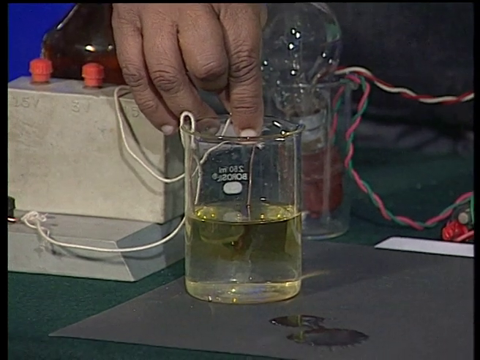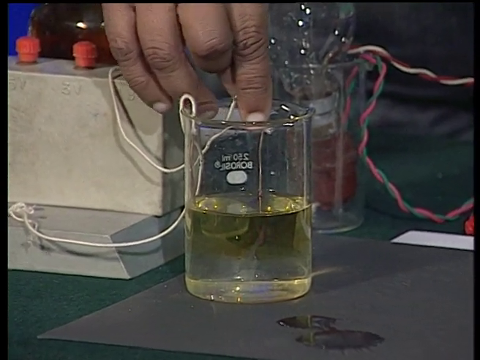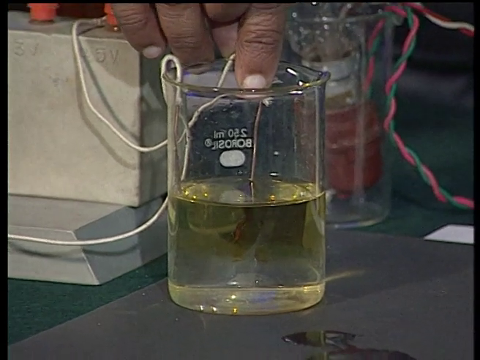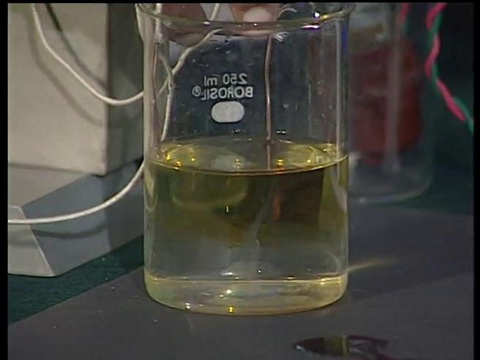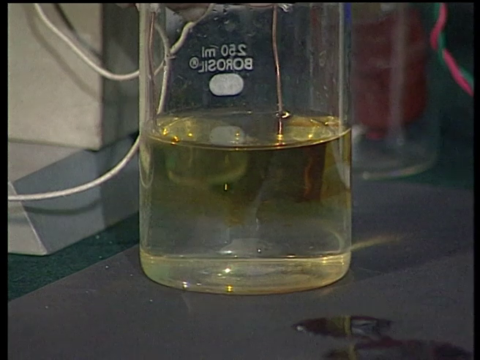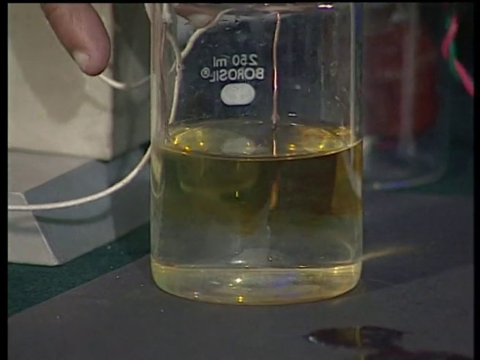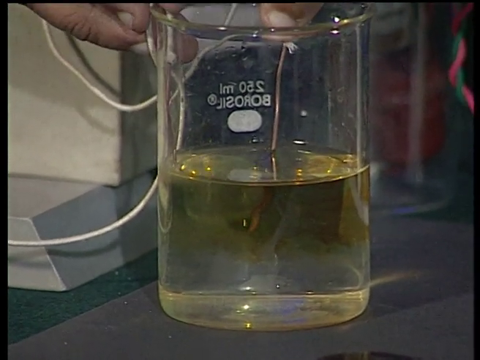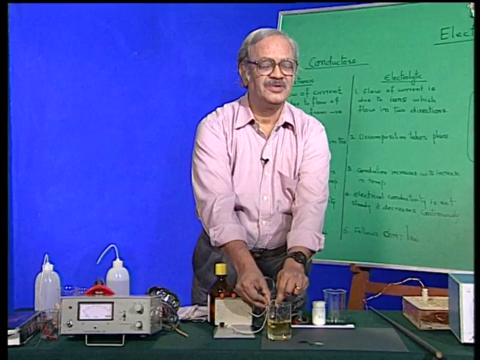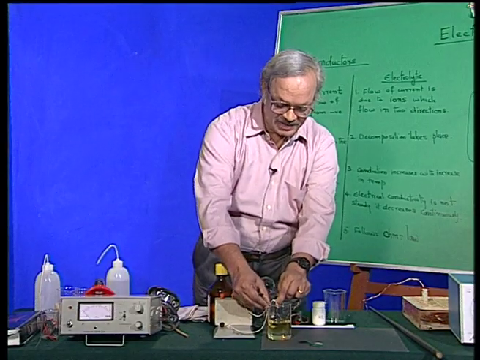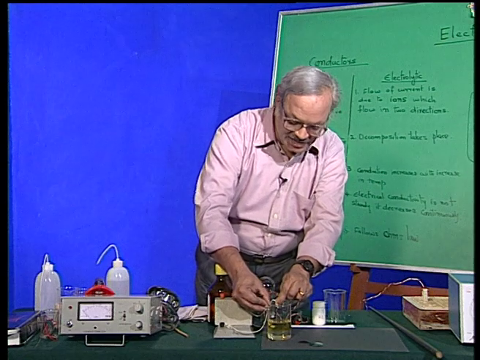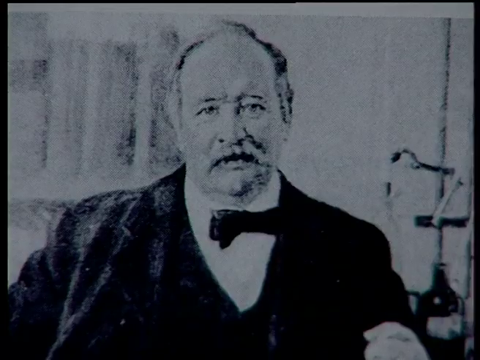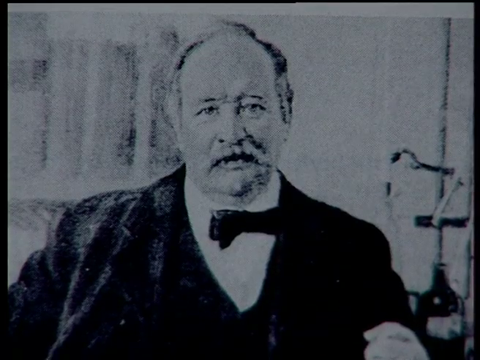So, the yellowish color, and now it becomes deep yellow, afterwards it may become brown also, is because of iodine getting deposited at the positive electrode. At the negative electrode, we would normally expect potassium ions, but here instead of potassium, the gas coming out is hydrogen.